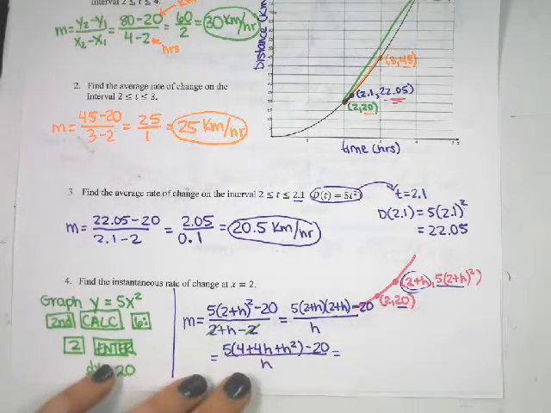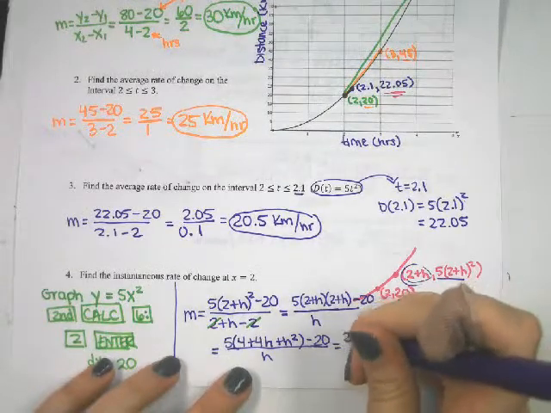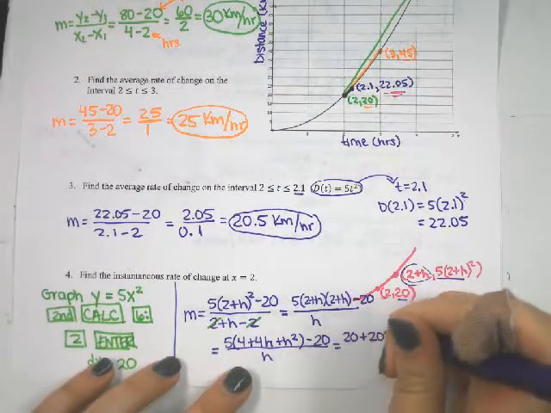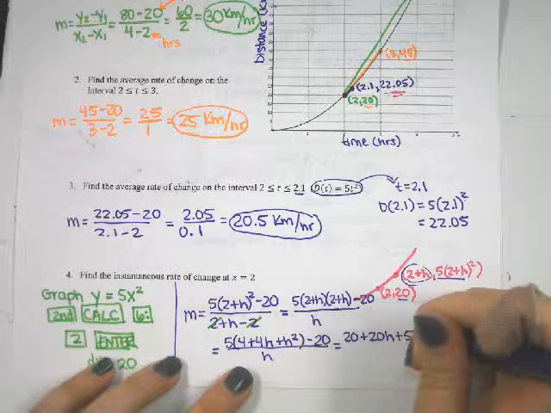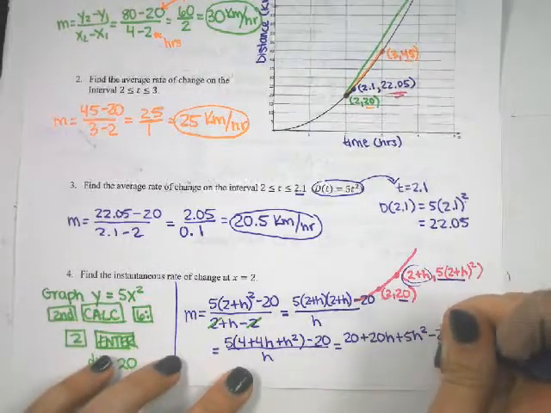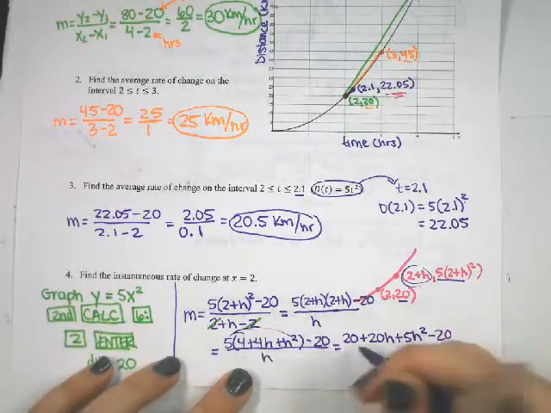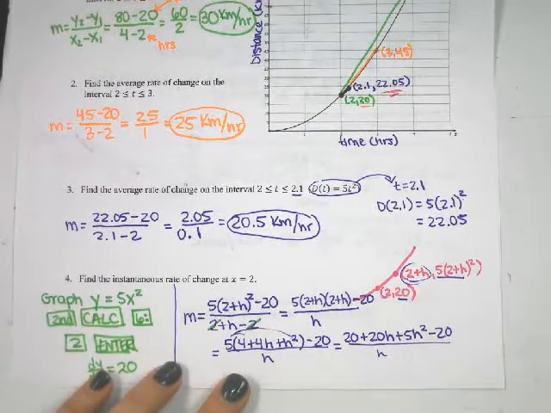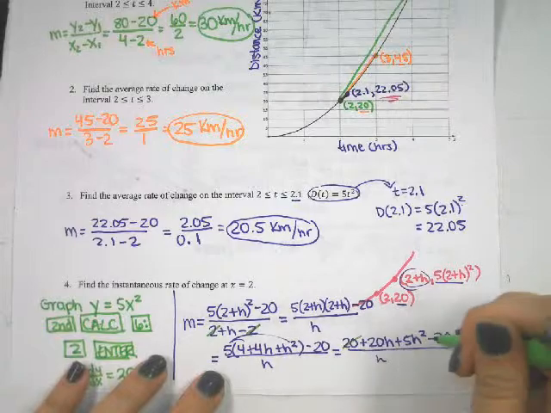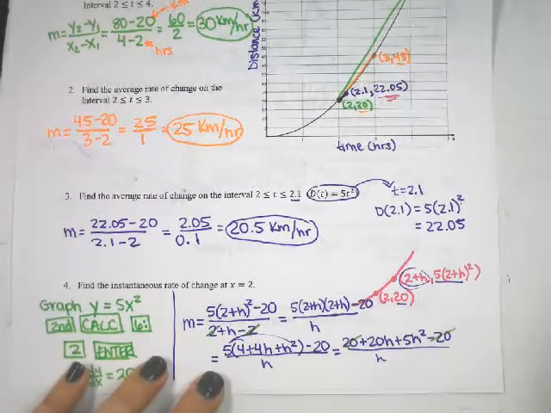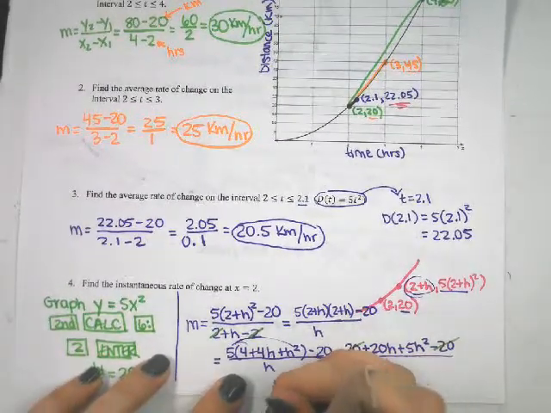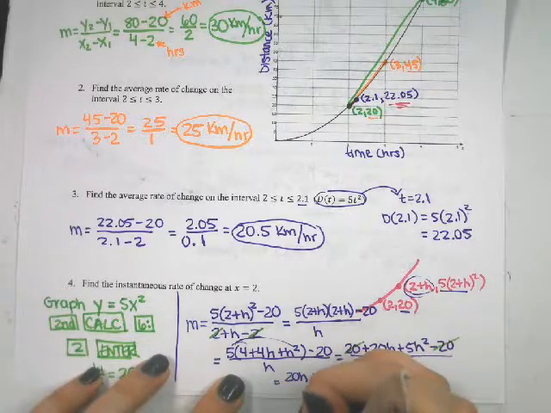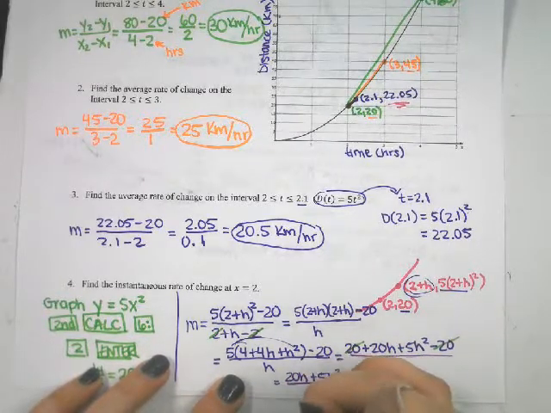Then I distribute the 5 through the parentheses. So we get 20 plus 20h plus 5h squared minus 20. On the top, the 20 minus 20 cancels. And we're left with 20h plus 5h squared all over h.